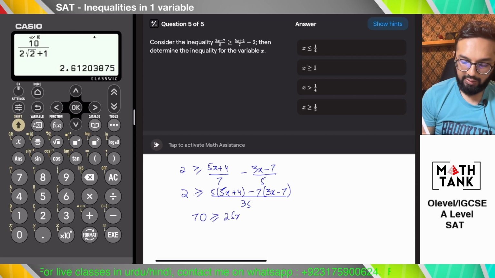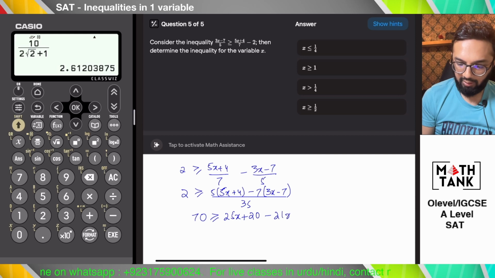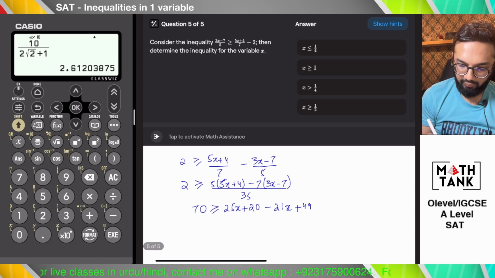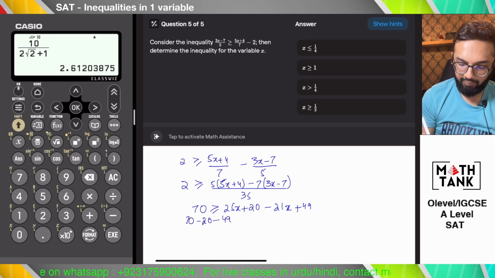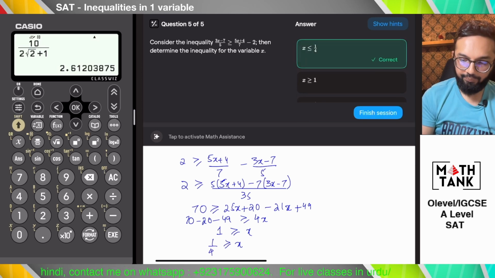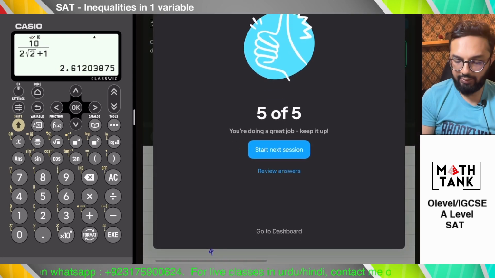So 25x plus 20 minus 21x plus 49. So 70 minus 20 minus 49 is greater than or equal to 4x. 69 and 70, so that's 1. So x is less than or equal to 1/4. Is that the correct answer? Yes, that is indeed the correct answer.